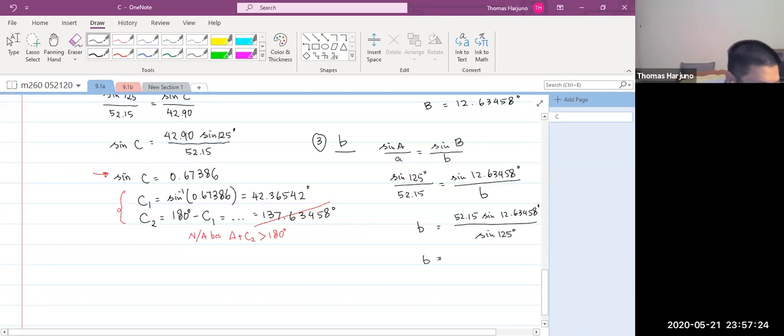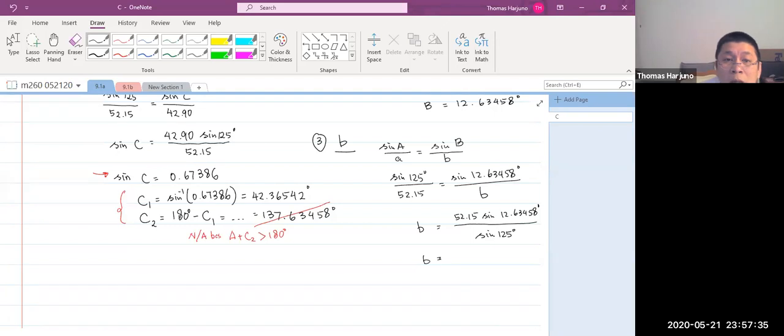Then 52.15 sine 12.6345 divided by sine 125.